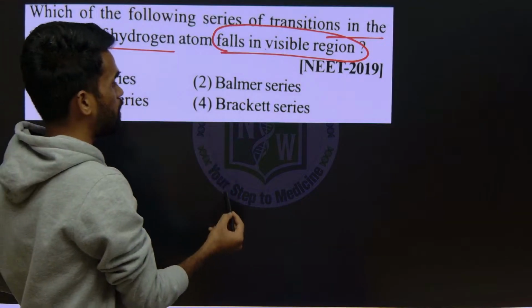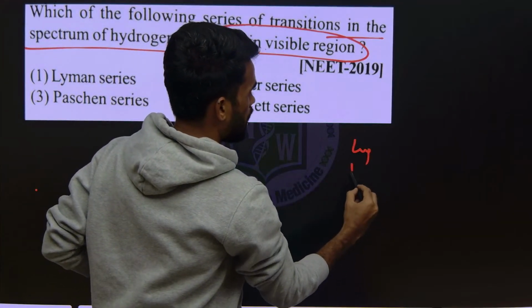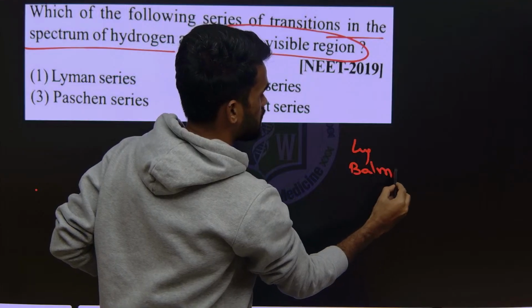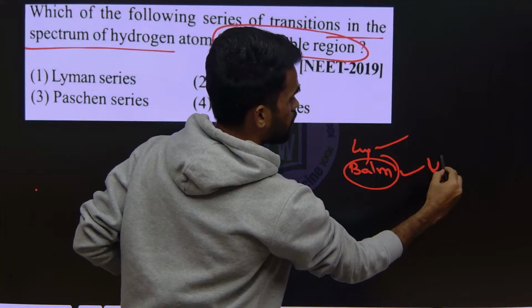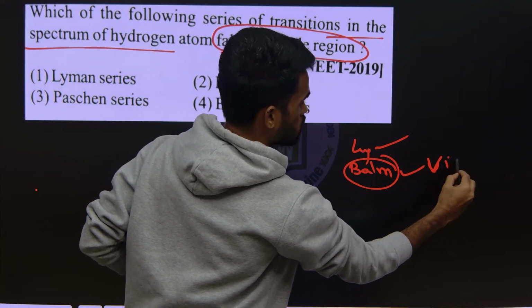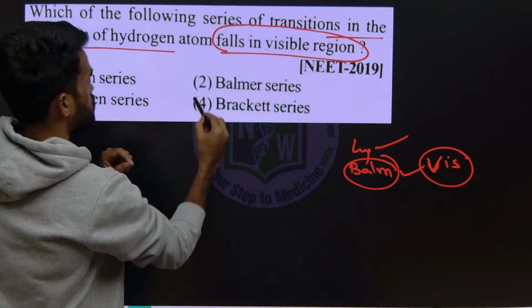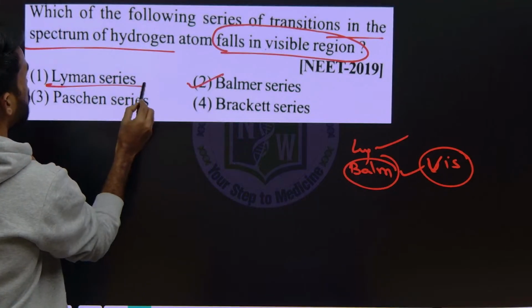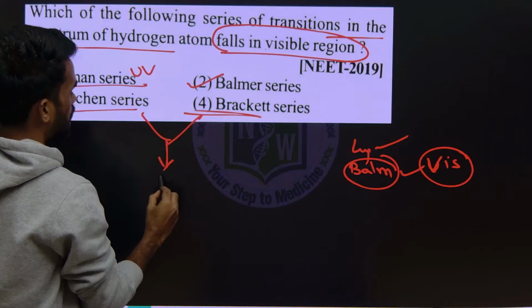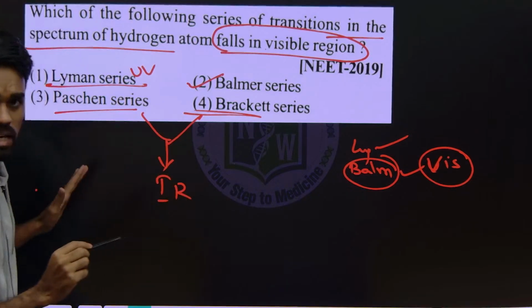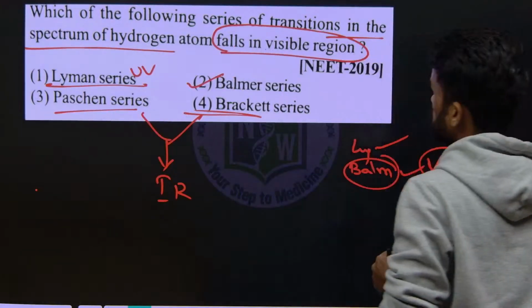We know it will be Lyman, Balmer, Paschen. These we have seen now. Lyman falls in UV, Balmer falls in visible. So what will be your answer? Balmer series, so option 2. Whereas Lyman will be in UV, and Paschen, Brackett, all these will be in IR, right? Hope this is clear. Next.